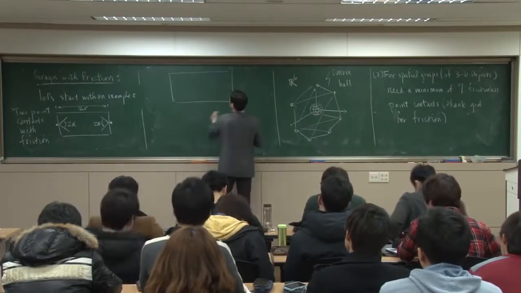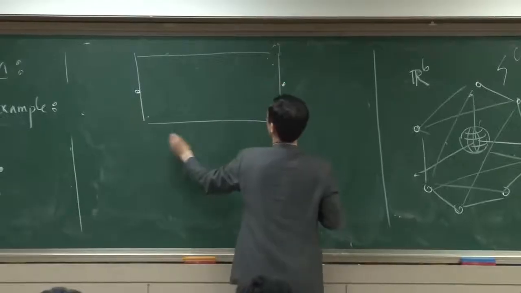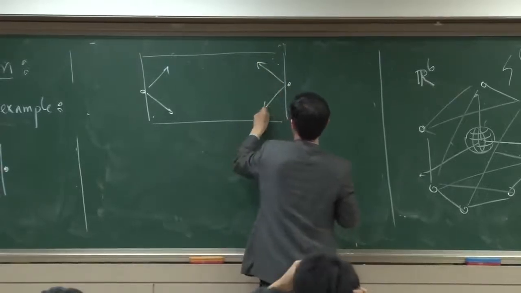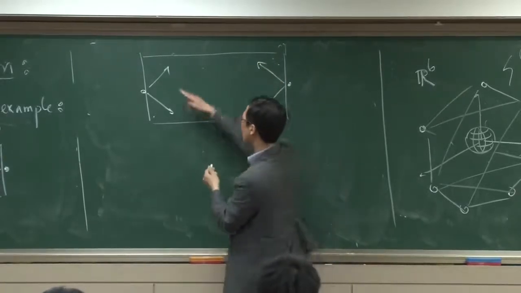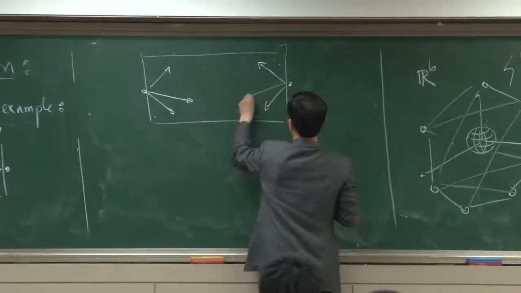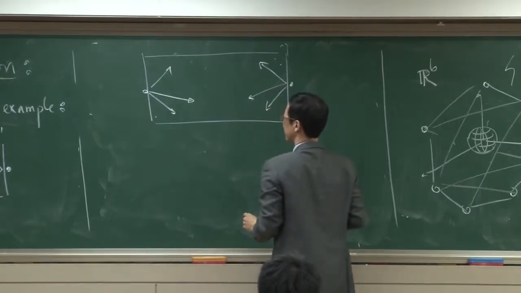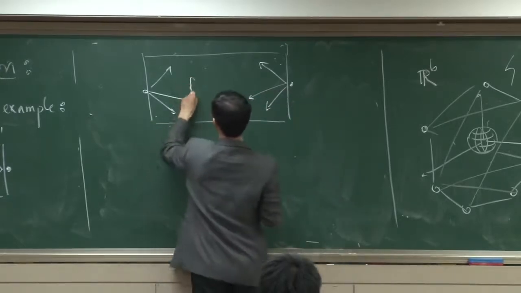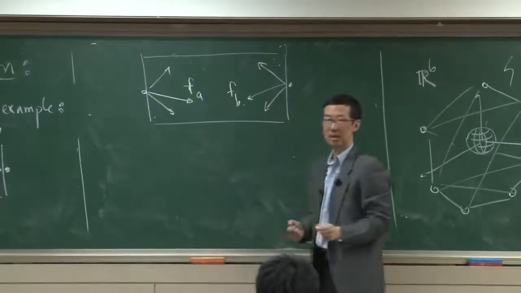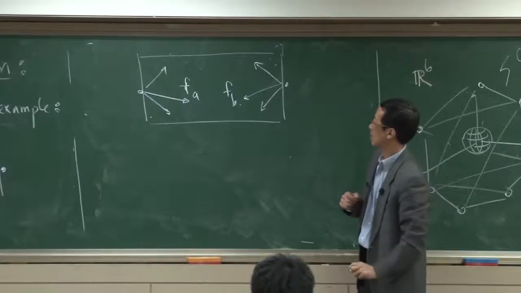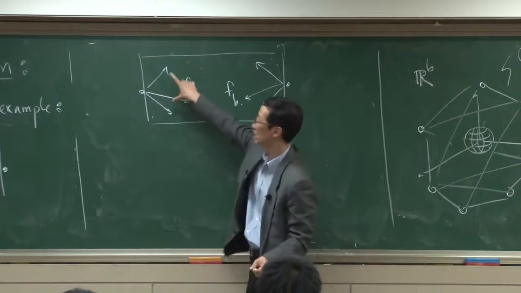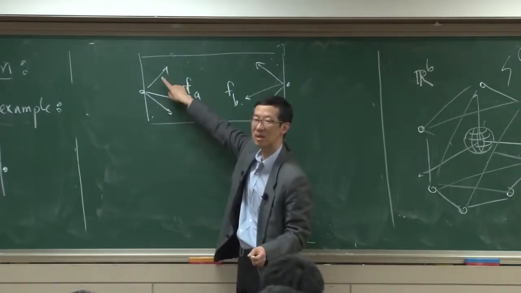Let's draw that again. That means we can apply forces anywhere inside this cone, like that, and also over here. Let's call this f sub a, and this f sub b. How can we write f sub a? Well, we know f sub a is in the interior of this cone.